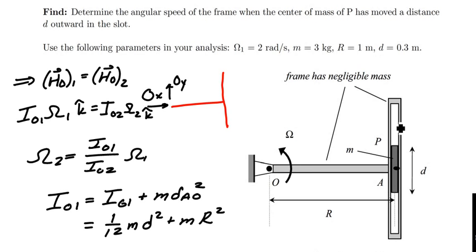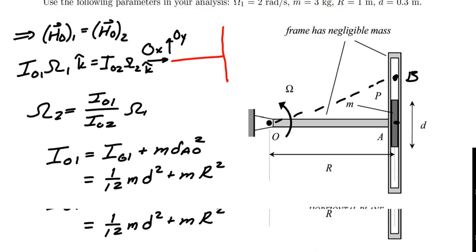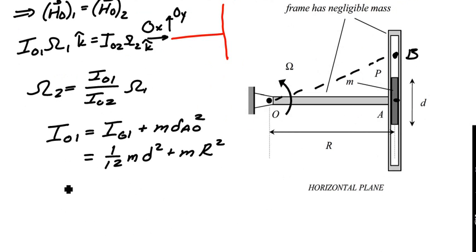At the second state, we're going to move some distance either up or down, and this means the distance between this new point, which I'll call B, and point O is now going to be the hypotenuse of a triangle. And so I about O at state 2 is going to equal I about G at state 2 plus m times the distance between B and O at state 2 squared.